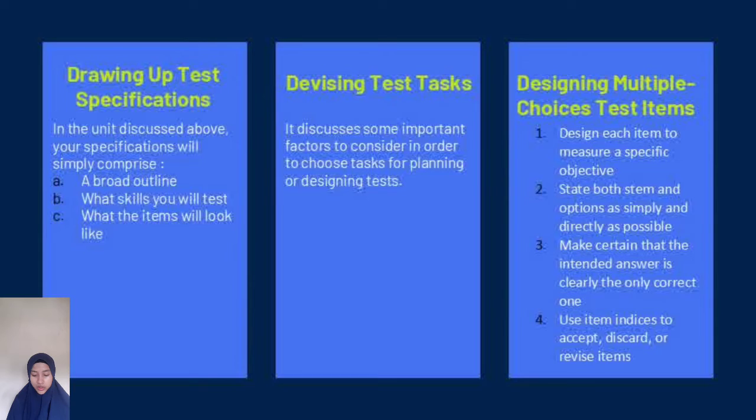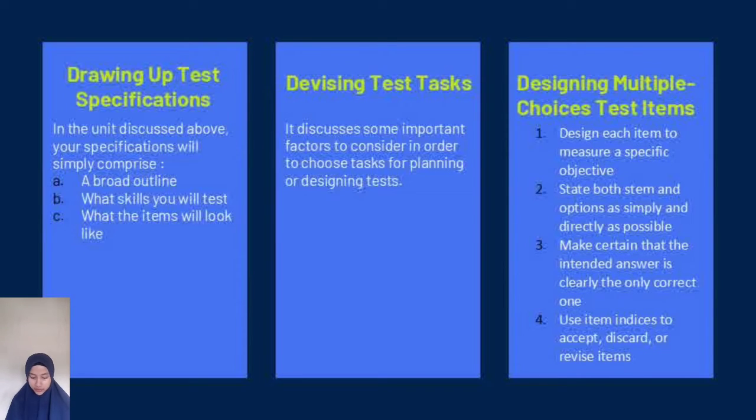Is the language of each item sufficiently authentic? Do the sum of the items and the test as a whole adequately reflect the learning objectives? And after answering these questions, when you find the answer is no, you need to revise or improve your test again.